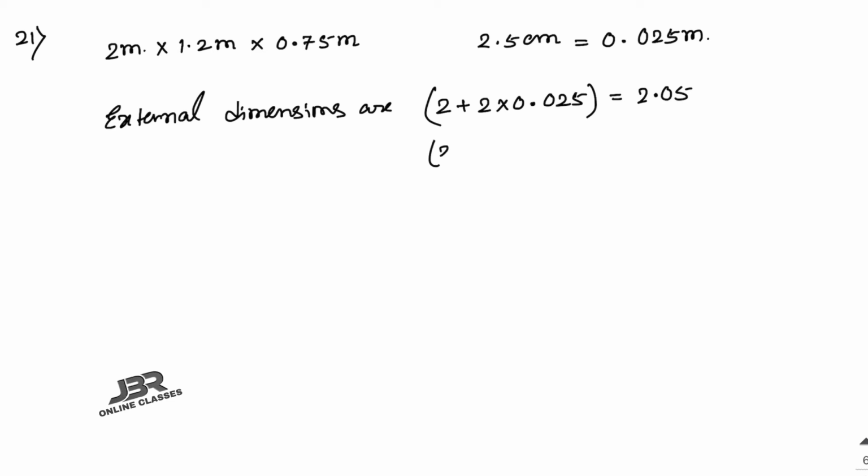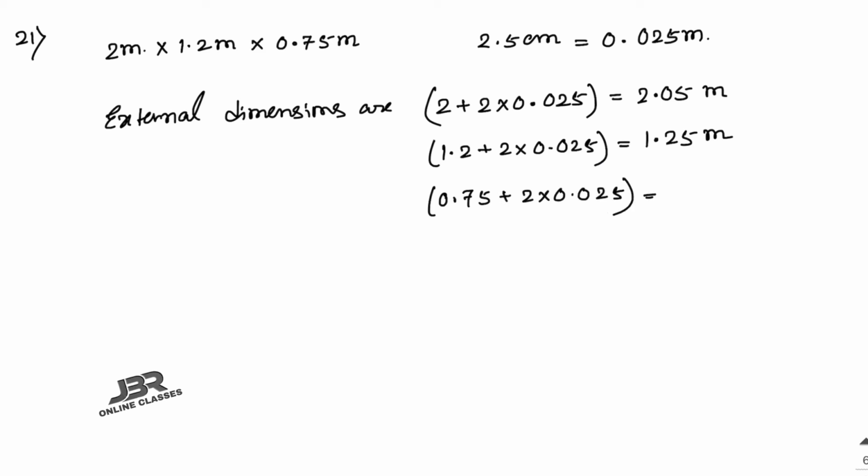Next, 1.2 plus 2 into 0.025, that equals 1.25 meter. And the last one, 0.75 plus 2 into 0.025, and that equals 0.80 meter. So these are the external dimensions, that means length, breadth and height.